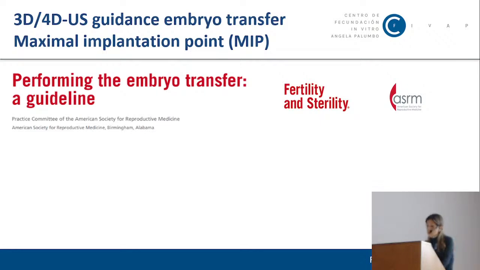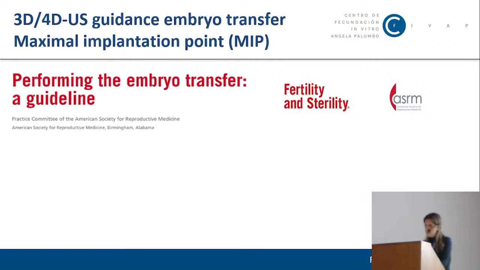It's still unclear what the ideal point of this midpoint is. And it's difficult because when we compare the studies examining this optimal implantation point, some studies assess an exact distance from the fundus of the uterine cavity, and others divide the uterine cavity into areas.